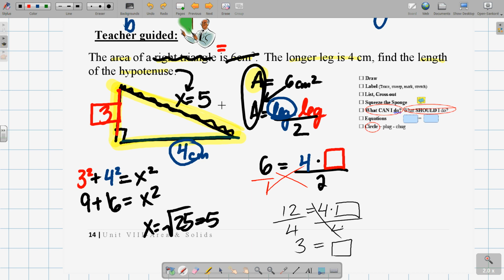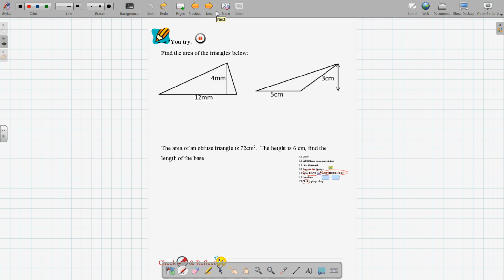Okay, so that's a recap in working with right triangles and the area of triangles. So this page you're going to do on your own as a quick recap of area of triangles in general. Do this on your own. Pause.